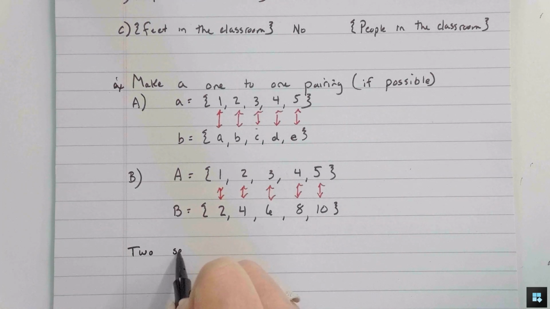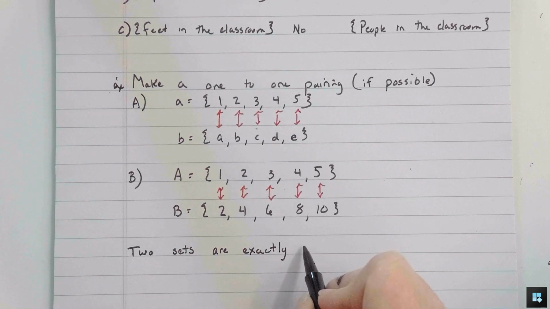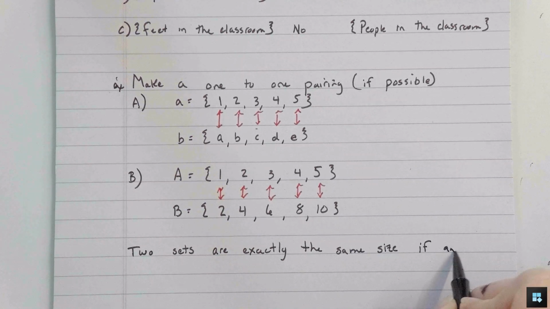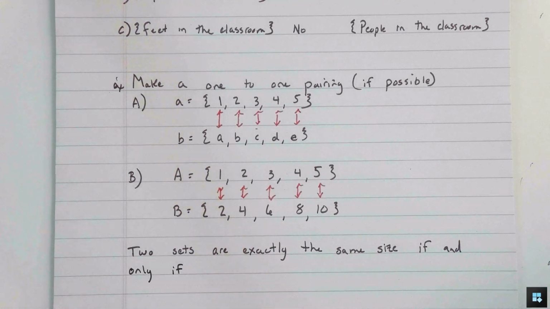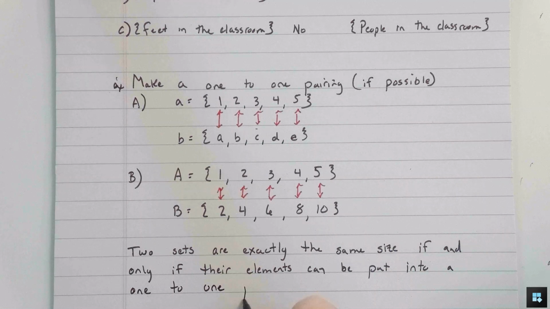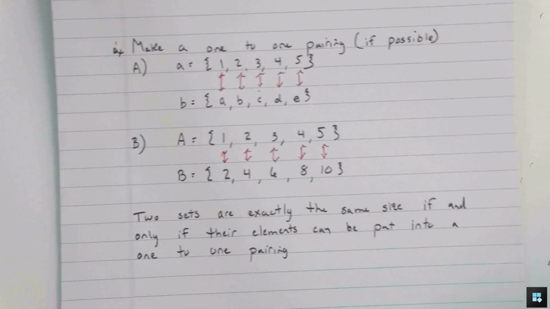Two sets are exactly the same size if and only if their elements can be put into a 1-to-1 pairing, or we could write correspondence there.